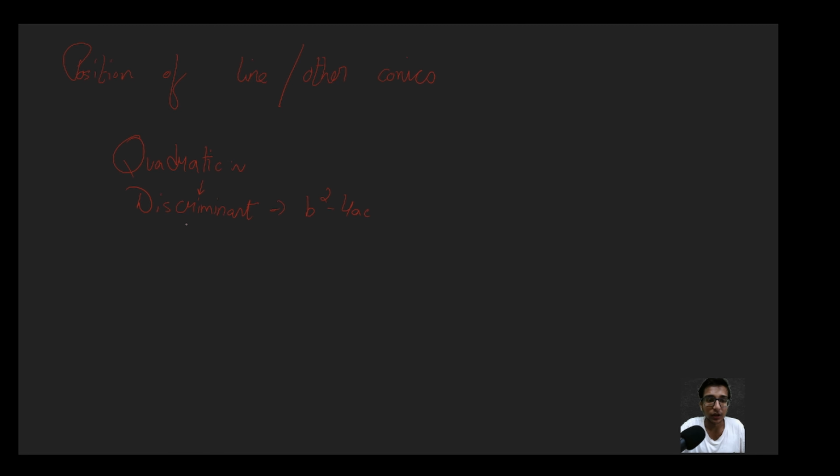If D is greater than 0, you can say that it is cutting or intersecting. The line or the conic intersects. If D is equal to 0, we say that it is a tangent, and if D is less than 0, we say it neither intersects nor touches our hyperbola.